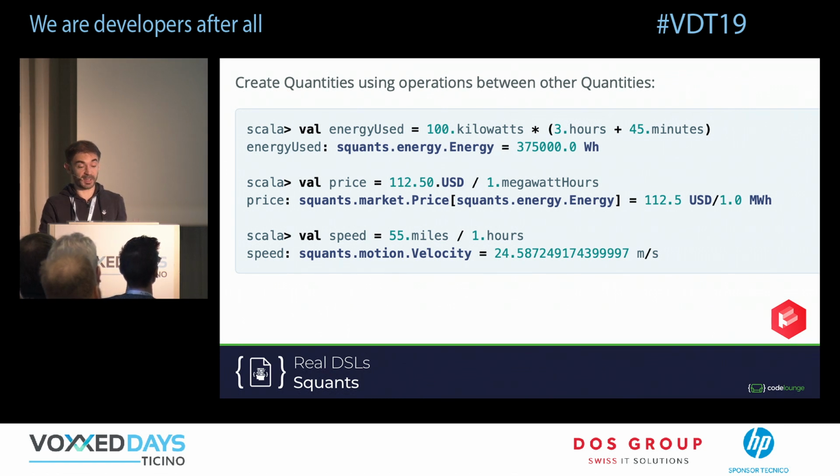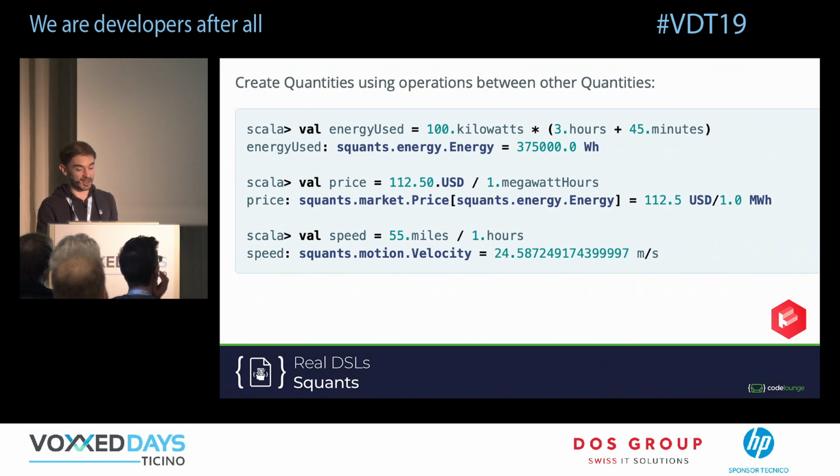For example, here, you create quantities using operations between other quantities. You can multiply kilowatts with time, and you would get some energy in watt hours. You can, for example, get the price in USD per megawatt hour.